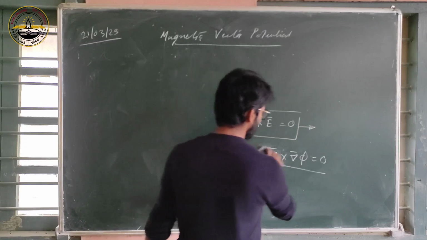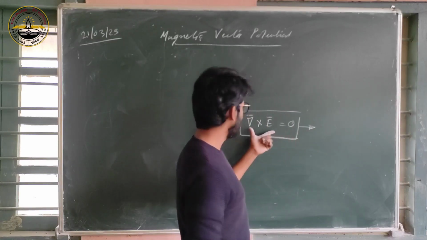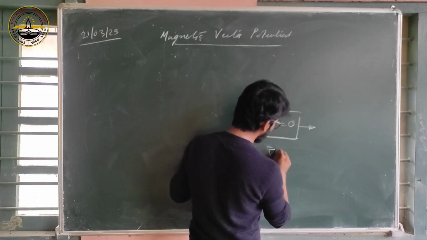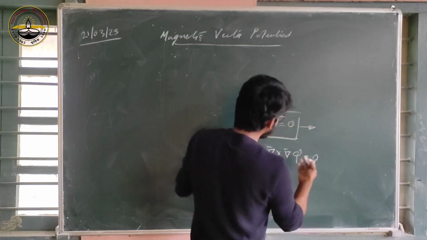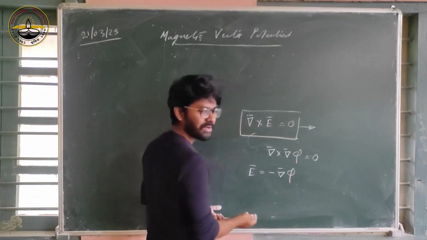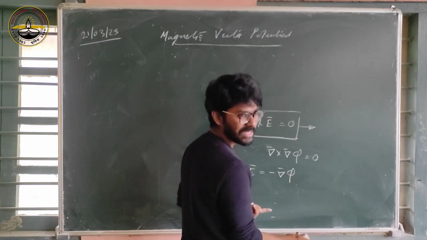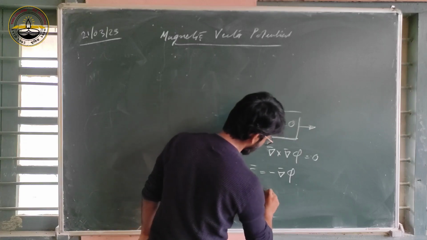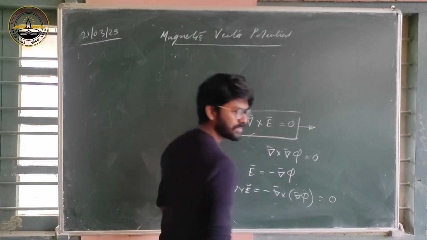So when we see that curl of electric field is 0, and we know that curl of a gradient of something is always 0, it tempts us to write that E must be the gradient of some scalar. If we do that, then obviously curl of E will be identically 0.